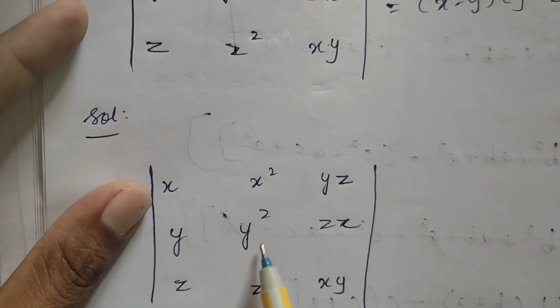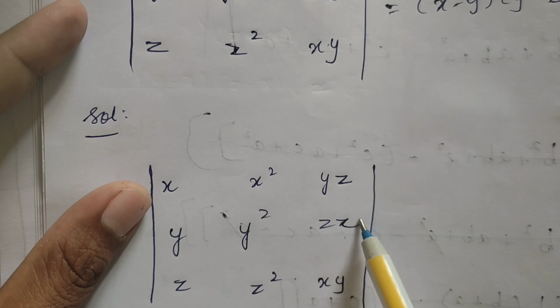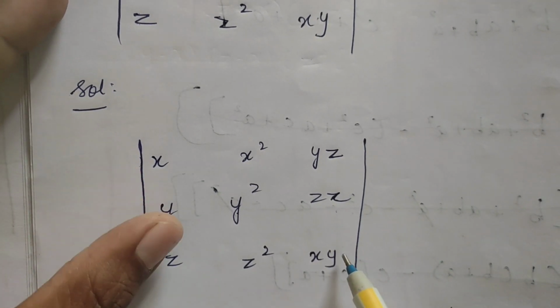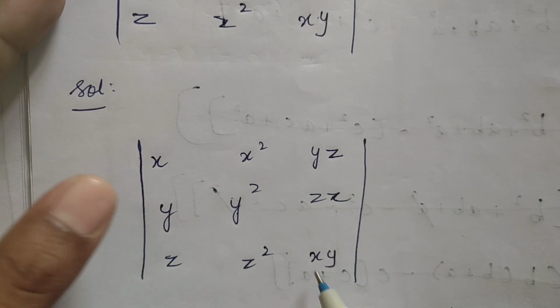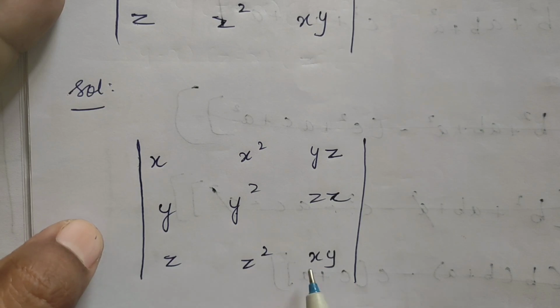In the second row I'll multiply by y, because we have x, z, I need y, so I'll multiply y and divide by y. Same again here, multiply z and divide by z. The row 3 is multiplied by z and divided by z.